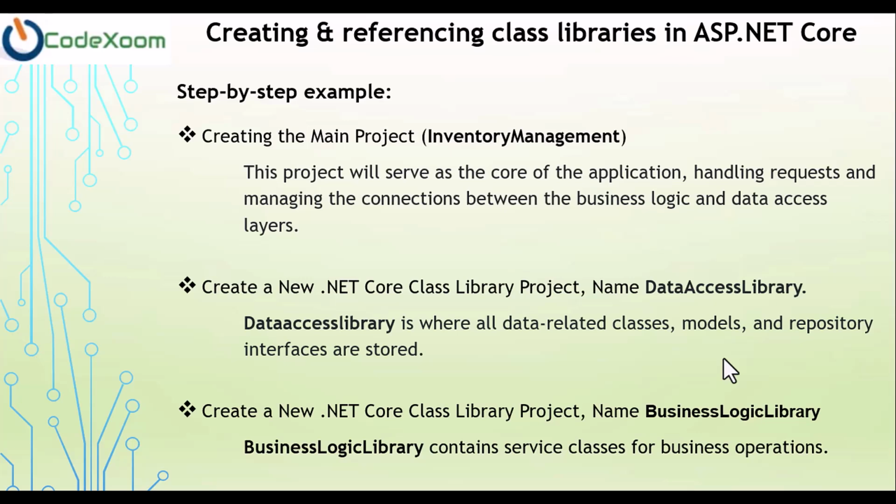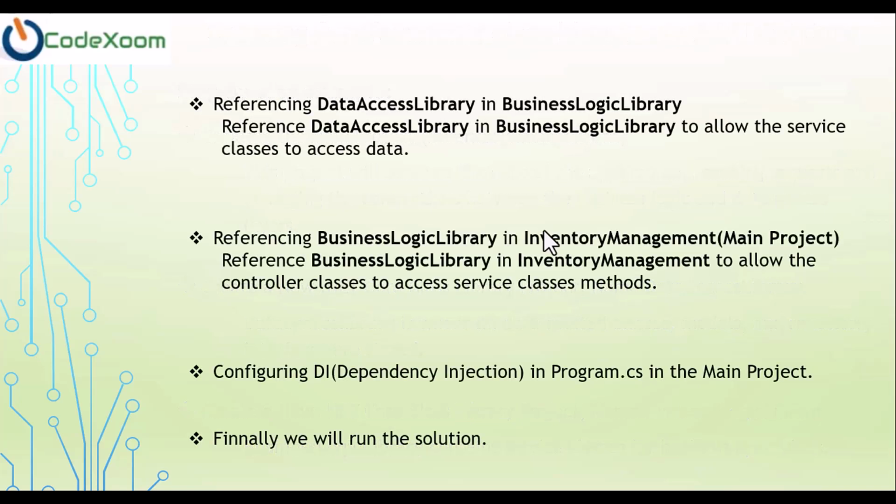During this time we referenced our data access library to our business logic library, and then we accessed our service class from our controller. To do this, we referenced our business logic library to our main project. And then we configured dependency injection in Program.cs in the main project. This is how you can create class libraries and reference them to other libraries or projects.